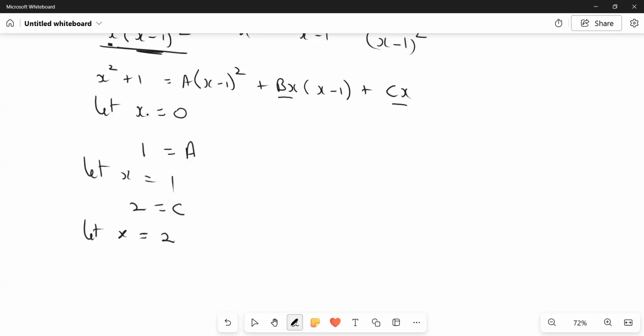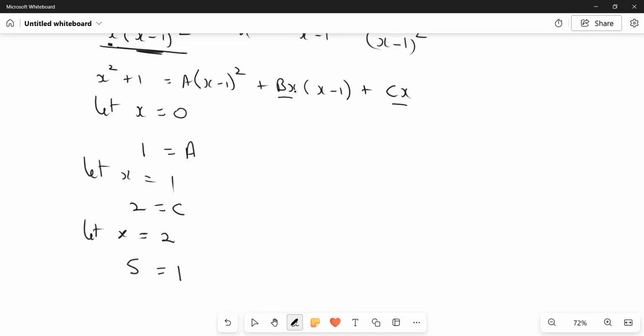So 2 squared plus 1 is 5, is equal to, where we know A is 1 already, so you don't have to worry about that, we got 2 minus 1, which is 1. 1 squared is 1, so you get 1.